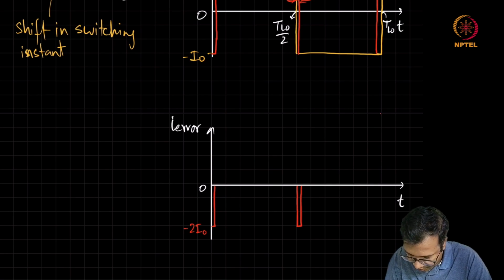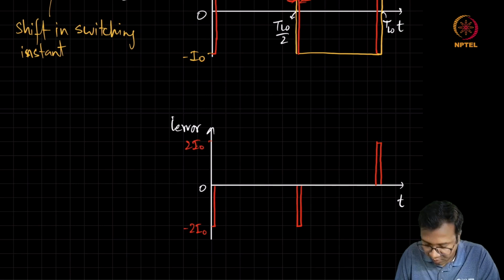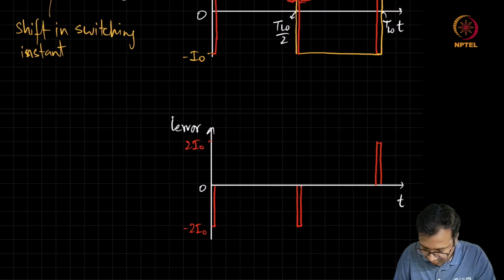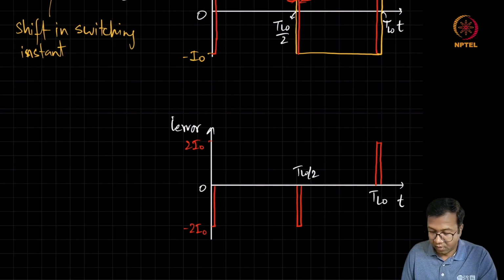And here this transition is happening a little early. We can say there is a pulse of plus 2I naught added at this instant. This is around TLO by 2. This is around TLO.